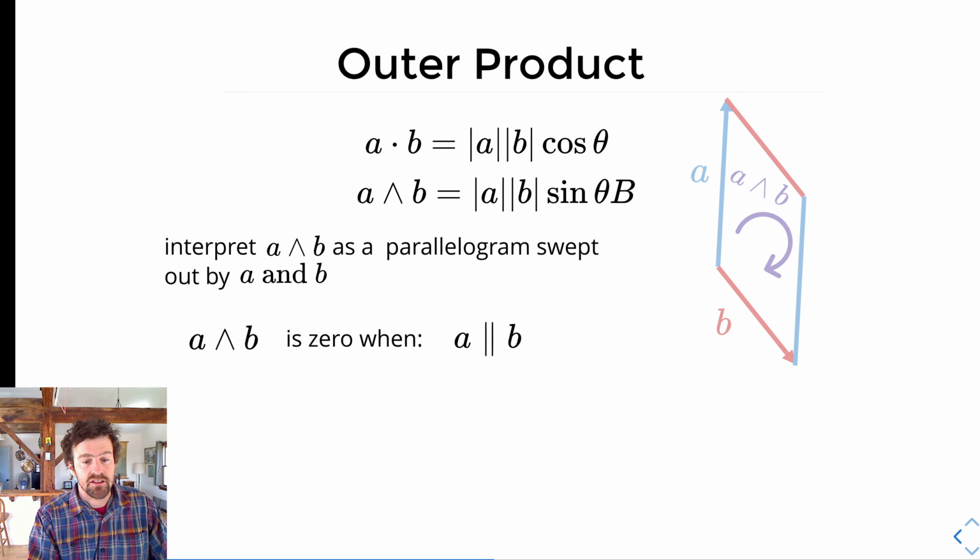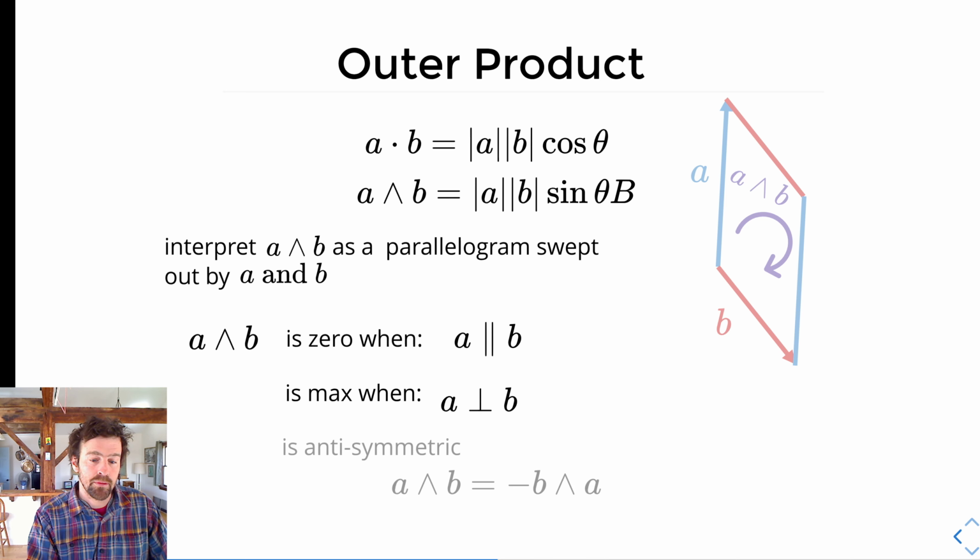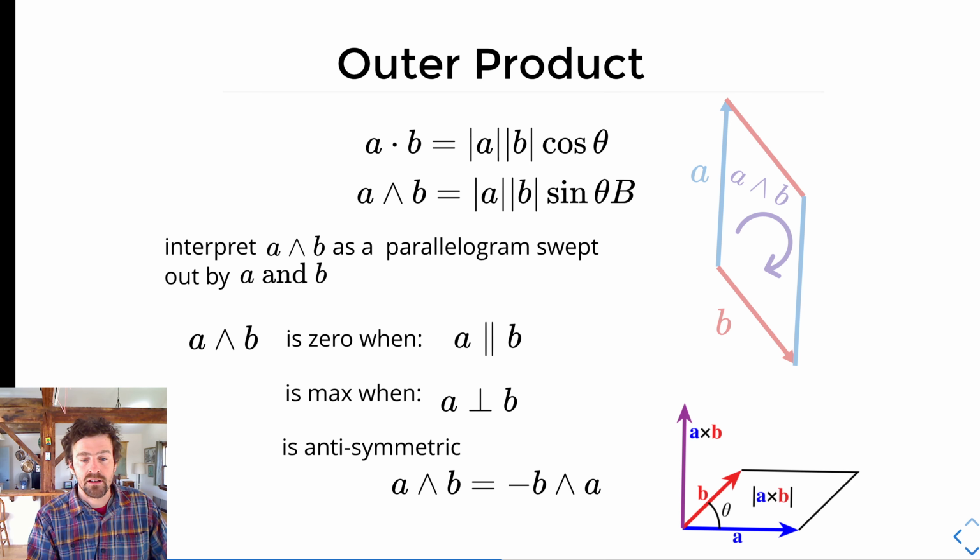Just note that this is 0 when the 2 vectors are parallel, and it's maximized when they're perpendicular. And if we keep track of the orientation of this parallelogram, then this product becomes antisymmetric.